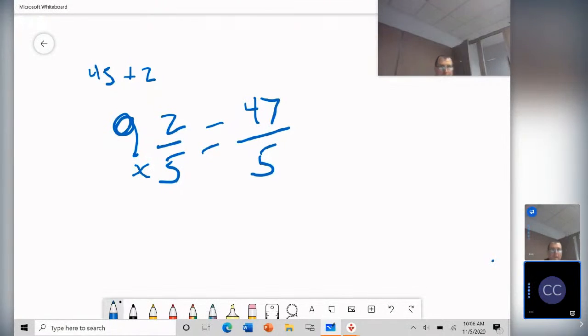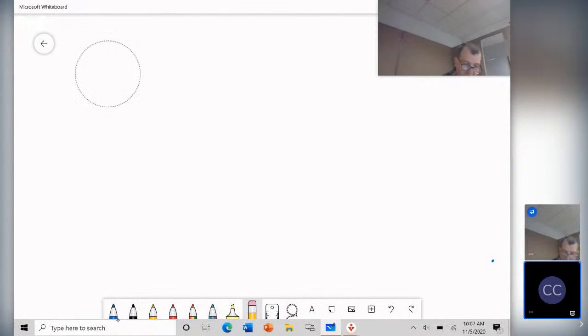Okay. That way we can do whatever function it's asking. We can do our addition, we can do our subtraction, even multiplication or division. But we have to convert the mixed number into an improper fraction. Okay. Let's do another one. Let's do 6 and 1/2.